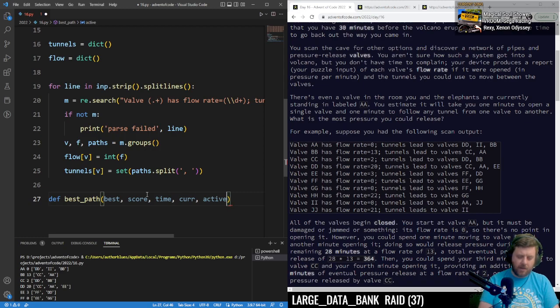Basically, if at any time my score goes above the best, I don't have to search anymore, I can just stop. So I can naturally branch, or I can naturally bound it.